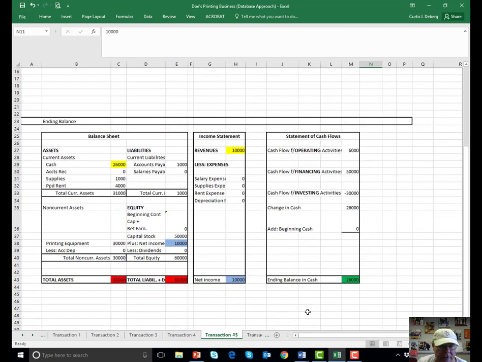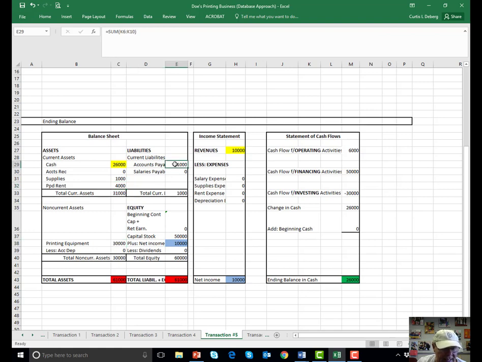At the bottom of the page, every time income is affected, we correct or we adjust for that income item during the period. And right now we have net income of 10,000, which articulates with our balance sheet of 10,000. We currently have cash of 26, supplies, prepaid rent, printing equipment.